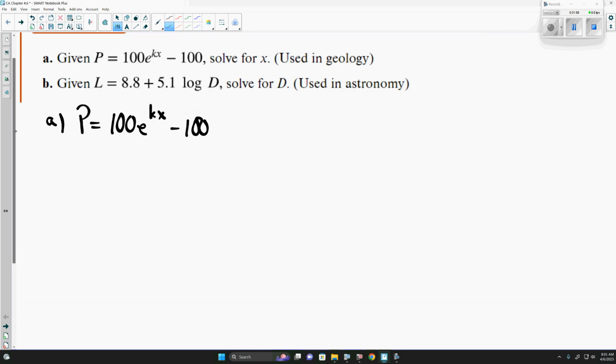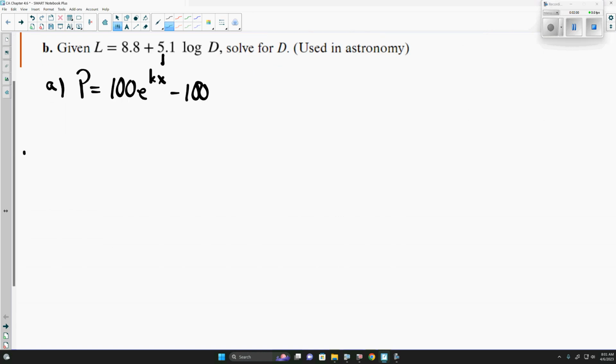And in this case, we're wanting to get the x by itself. Well, to do that, the first thing we can do is add 100 to both sides, which will tell me that P plus 100 is equal to 100 e to the k times x.